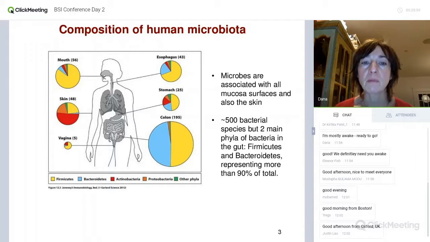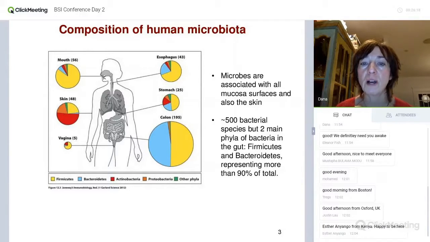So when we think about the intestine, and in particular the large intestine or colon, this is where the largest abundance of bacteria are in our body. And the microbiome in the large intestine consists mainly of two phyla, the Firmicutes and the Bacteroidetes, which represent about 90% of the total bacteria at this site.